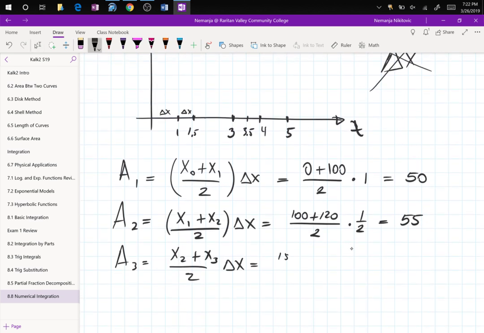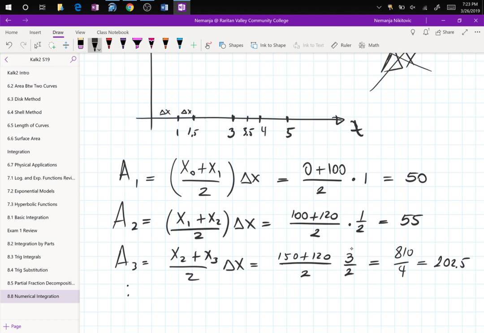So 150 plus 120 divided by 2 times the separation, 1.5, so we can call that 3/2. That is 270 times 3 over 4, so 810 over 4, which is 202.5.